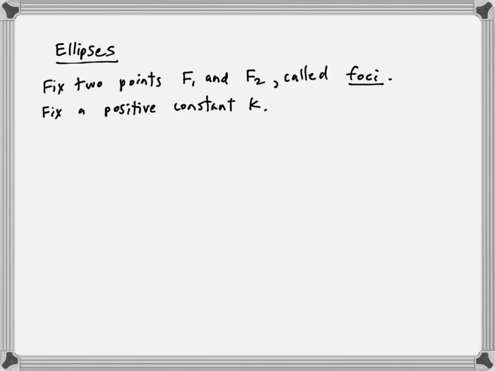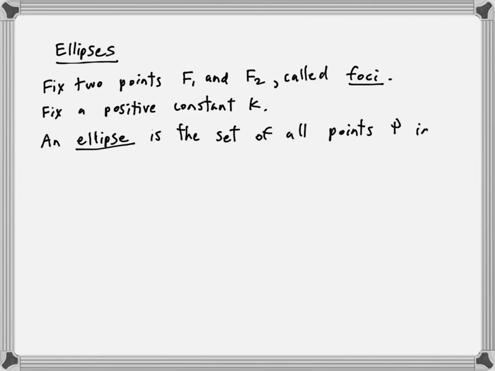So what is an ellipse? An ellipse is the set of all points P in a plane that satisfy the following property.